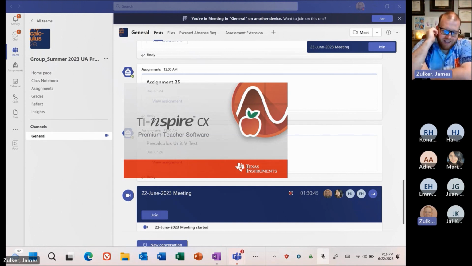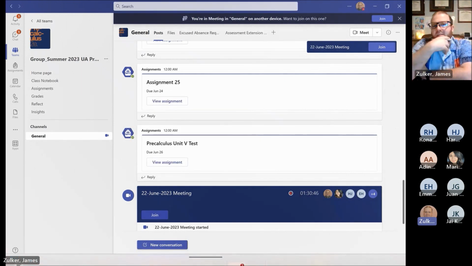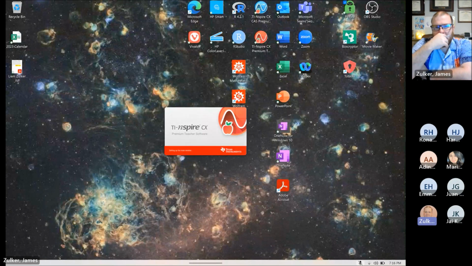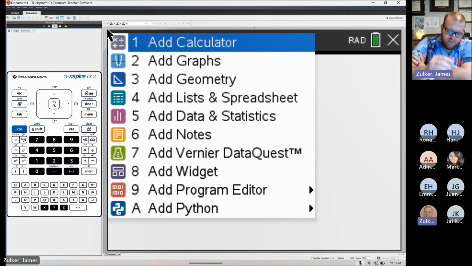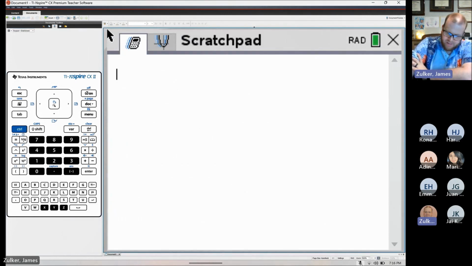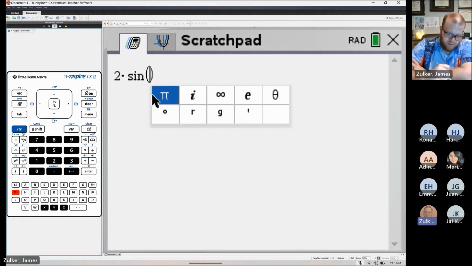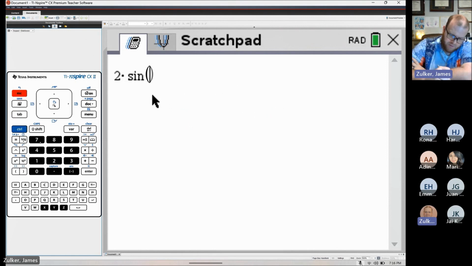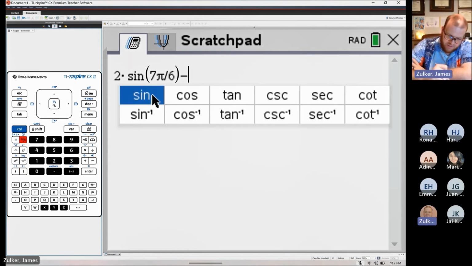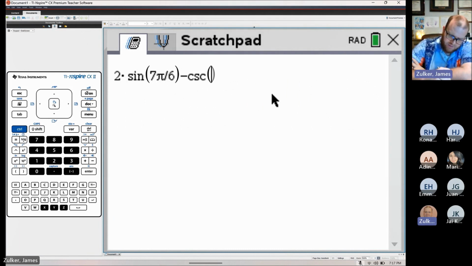I'm going to do it on the calculator because I'm just feeling lazy and don't feel like doing it in my head. 7 pi over 6 minus cosecant 7 pi over 6. Right.